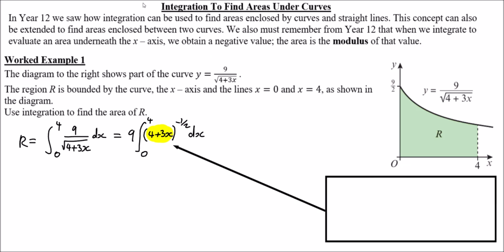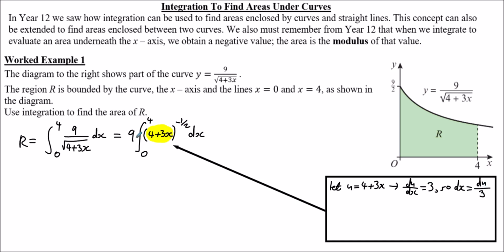So if I just let u be 4 plus 3x, then du by dx, differentiate u with respect to x, that will just give 3. So therefore, dx in terms of du, dx is going to be du divided by 3.